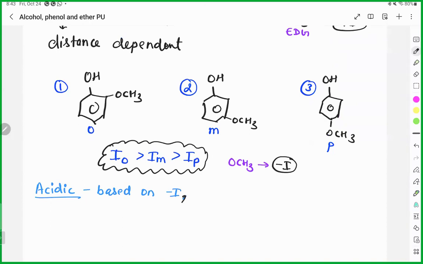Whatever is written here is the same thing. You know minus I increases acidic character, right? Electron withdrawing group increases acidic character, and minus I means electron withdrawing group. Now you tell me what should be the sequence for acidic character in this situation, only based on the minus I?